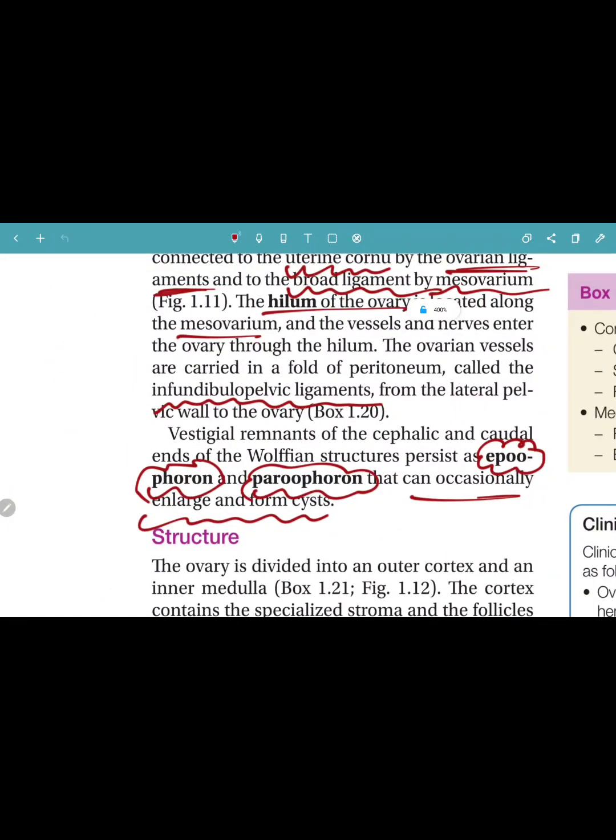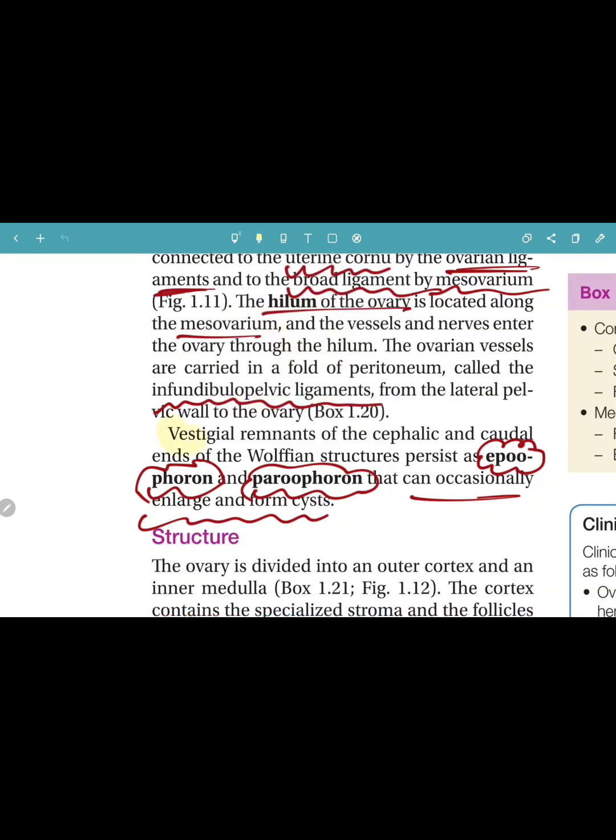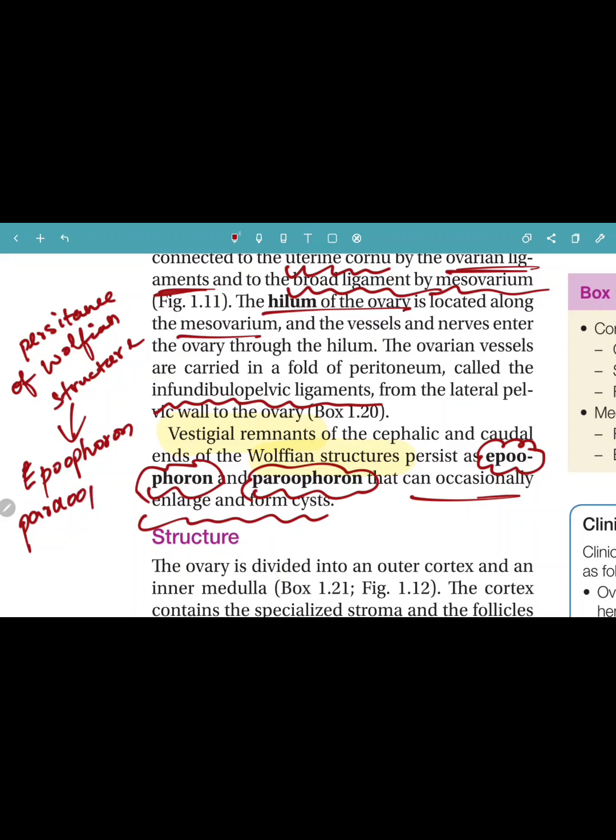So the vestigial remnants of the cephalic and caudal ends of the Wolffian structures, if they persist, that is the vestigial remnants of the Wolffian structures, are nothing but referred to as hypoophoron and paraophoron.